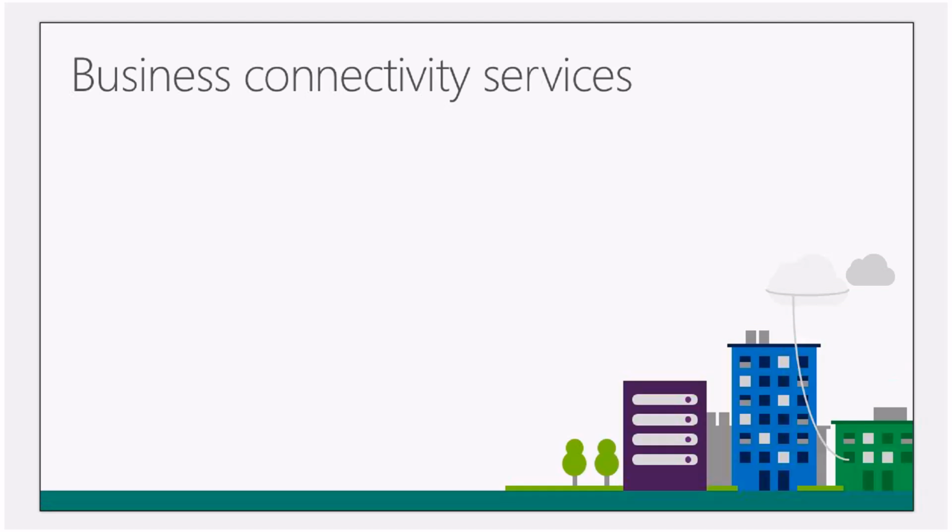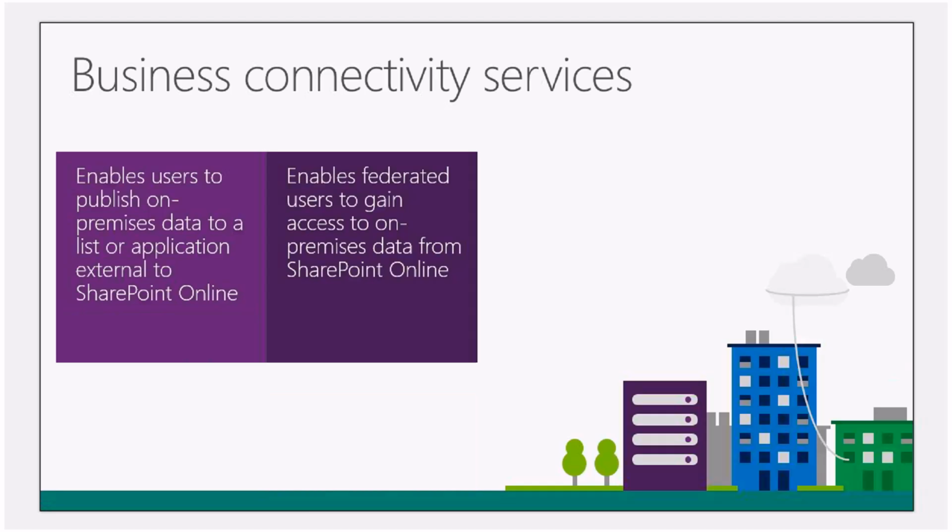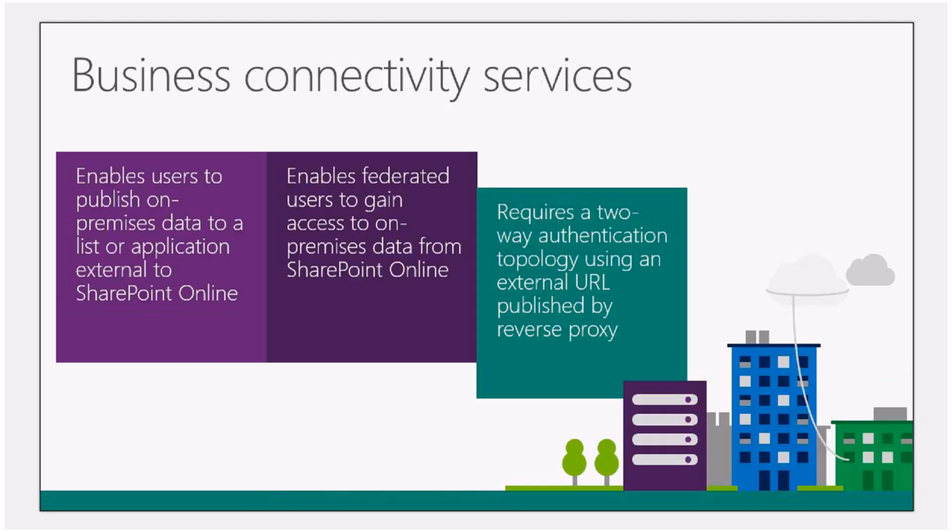We also invested in data connectivity through Business Connectivity Services in SharePoint Online, which enables users to publish on-premises data or lists to SharePoint Online through either an external content type or through an external list. You can then federate that information to invite external parties to participate from a collaborative perspective on that information that's defined by an external data source.